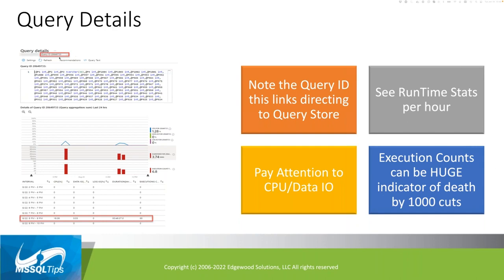Like I said, if you're comfortable with query store, you're comfortable writing T-SQL, you can take this query ID and then dig into the query store, either pass it into some of the reports in Management Studio, or even write queries against the query store DMVs to start calculating this data.